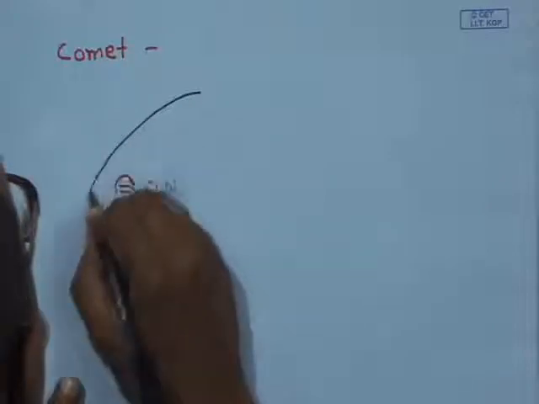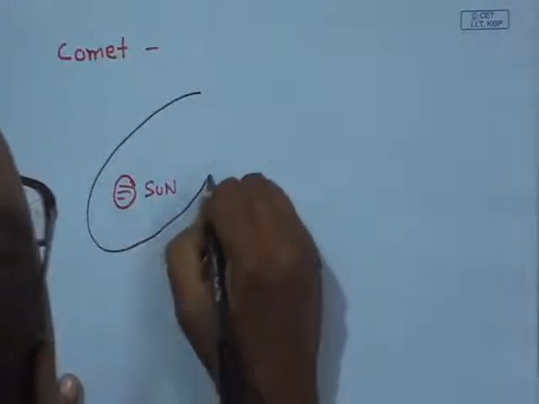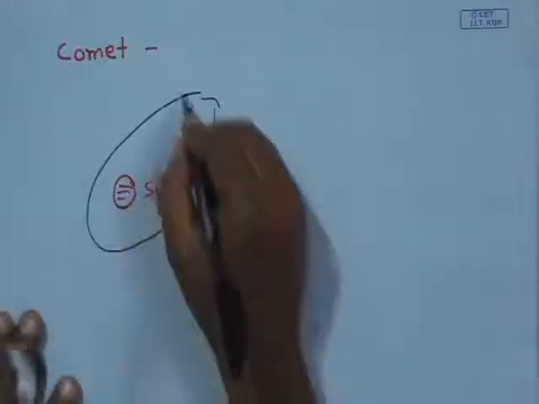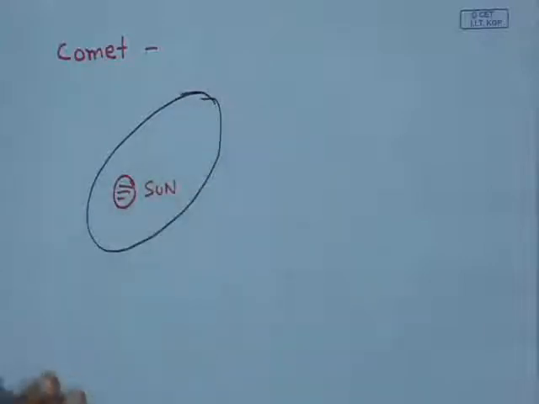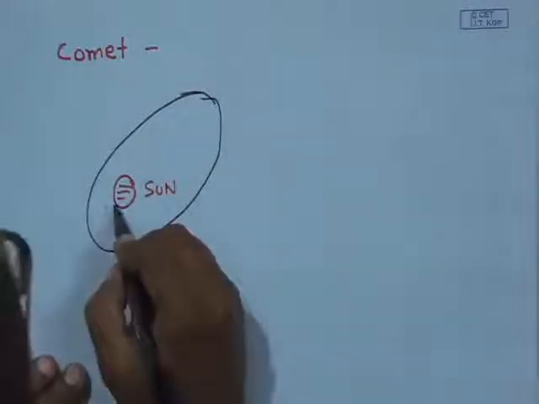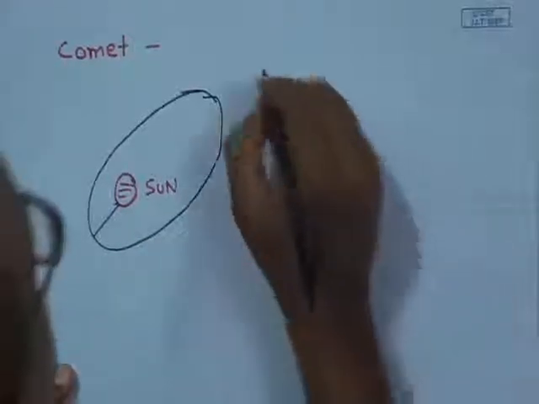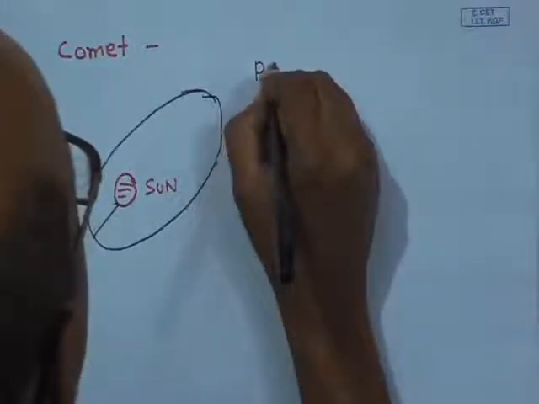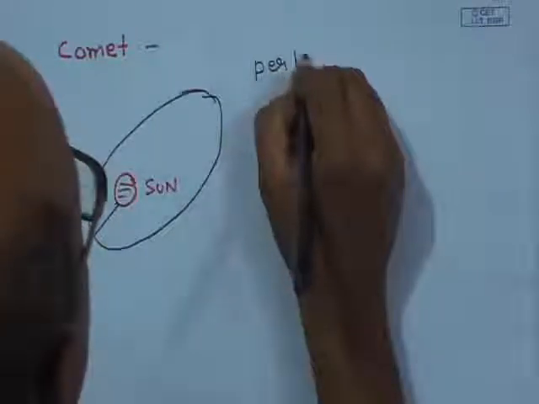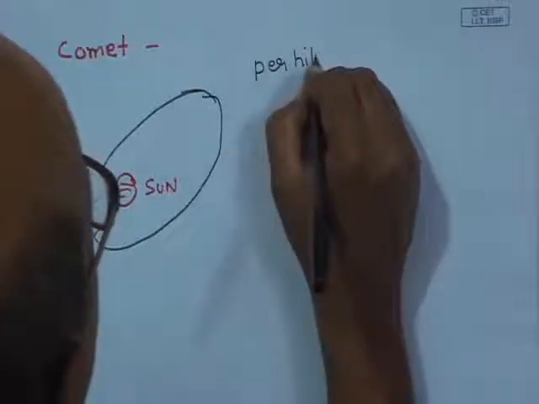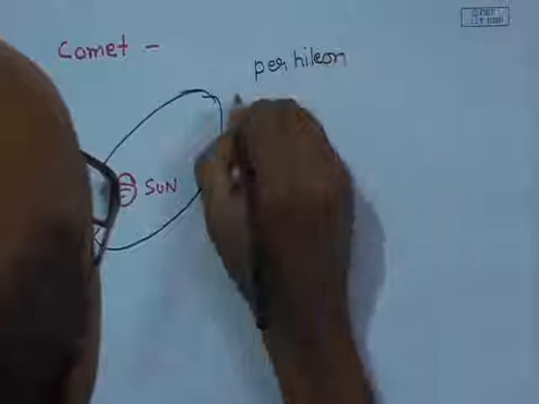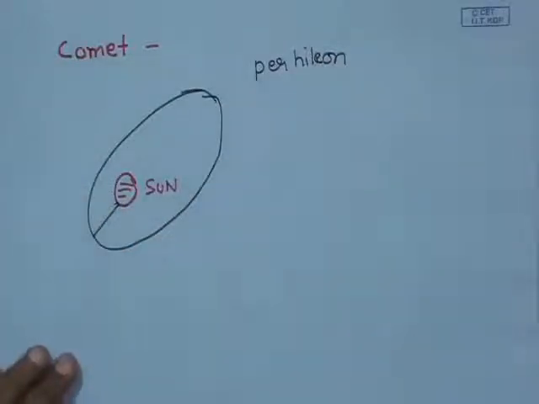It goes in an elliptic orbit, with the Sun as one of the foci, and it is found that the orbit has a perihelion, which is the distance of closest approach to the Sun.